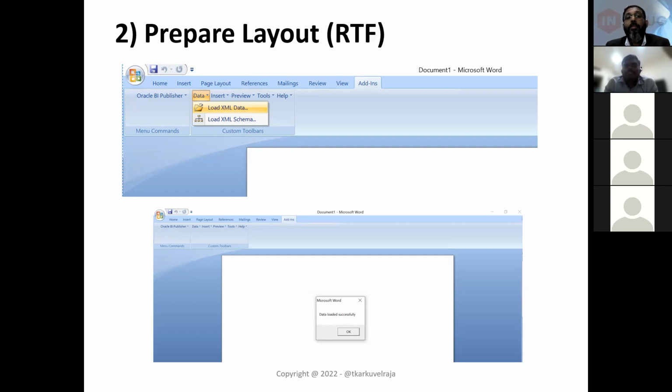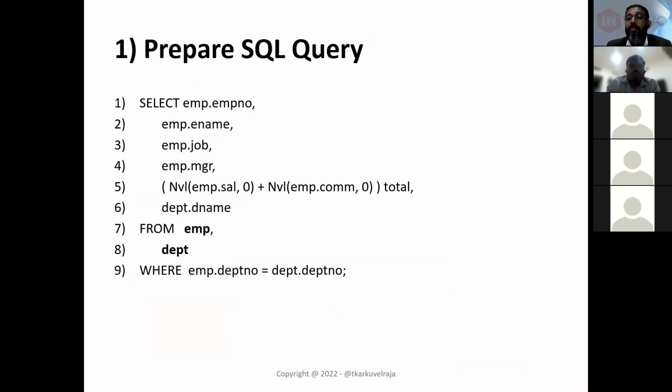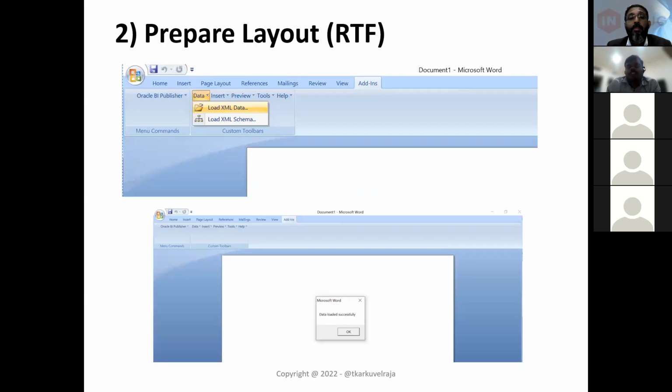Okay. Once you log in, you need to load the data. How can you load the data? The data will be in the format of XML. Other formats will not be acceptable. So for that, you have the SQL query. This SQL query will have table-kind of data, a result set. You need to convert it to XML.